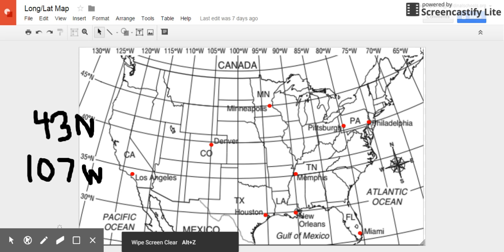First, I would need to locate where 43 degrees north is. Here, this line is 40. Here's 45. So it would be just a little bit more than halfway. I would first bring my finger across to 43 degrees. Then I would look up here and try to find where 107 is. 107 is in between 105 and 110, right about here.